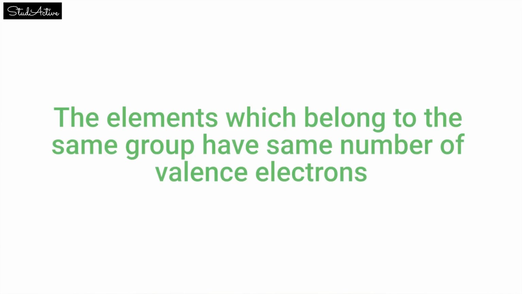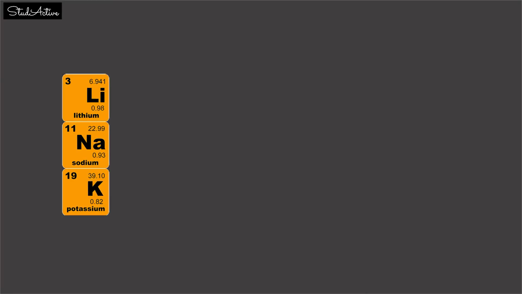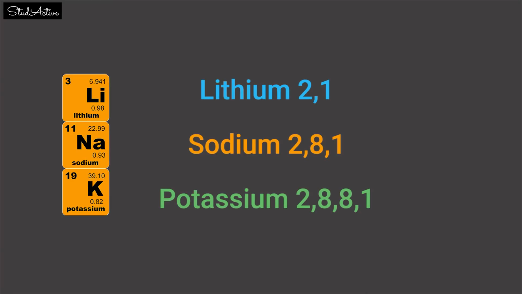Now, the elements which belong to the same group have same number of valence electrons. Let us see the example again of lithium, sodium, potassium. You can see the electronic configuration 2, 1, 2, 8, 1 and 2, 8, 8, 1.